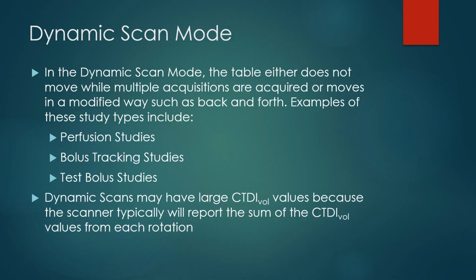Dynamic scans often have larger CTDIvol values because the scanner may report the sum of the CTDI values from each rotation. During these scans, it is not important to have the same diagnostic quality as imaging exams because the scans are utilized for identifying blood or contrast flow through a particular body location.